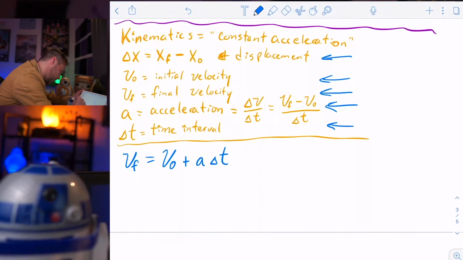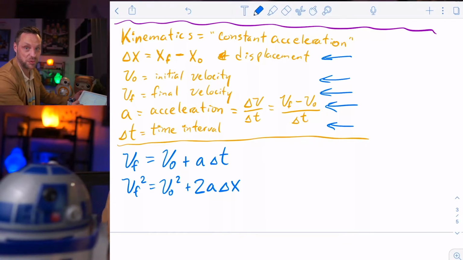It's going to have V_F squared equals V naught squared plus 2 times acceleration times change in position, or displacement. So we X'd out the time here, and now we have displacement in our equation.